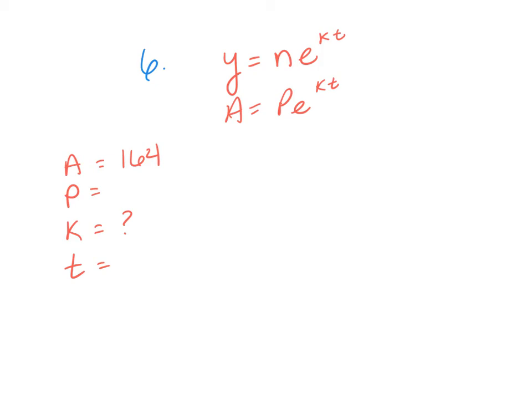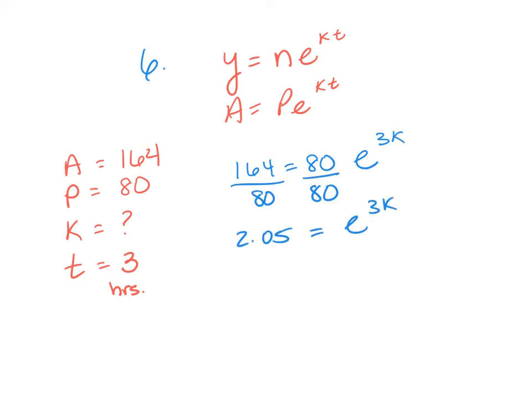What's the beginning balance? 80. And how much time does it take? 3 hours. So this answer is going to be in hours, okay? This is all based on hours. So we put the formula together. 164 equals 80 times e to the 3k.